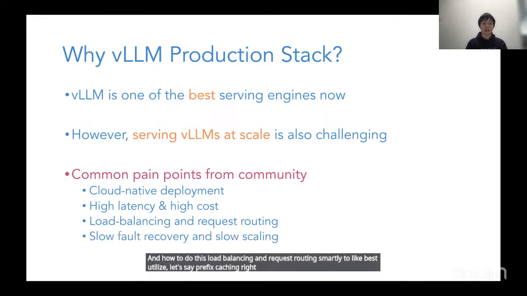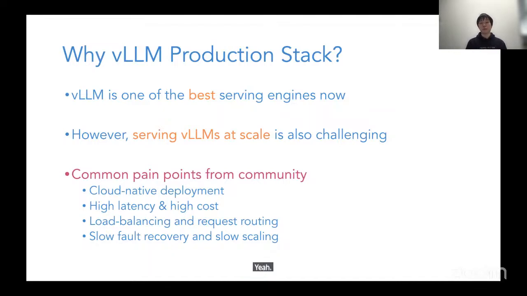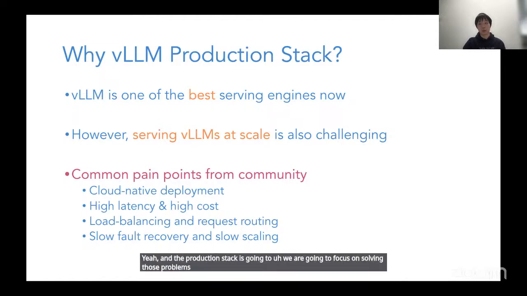And also there are some pain points about fault recovery and auto scaling. The production stack is going to focus on solving those problems and let people deploy vLLM in a distributed environment.